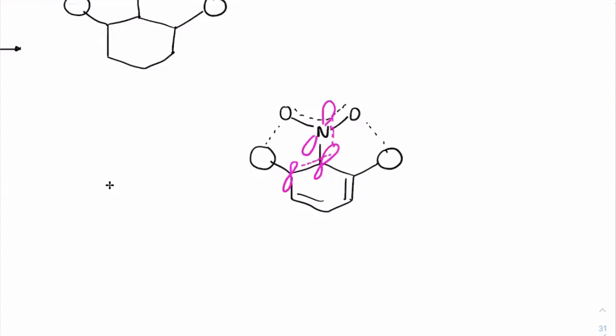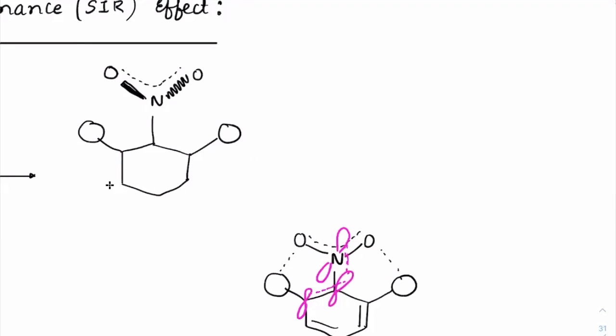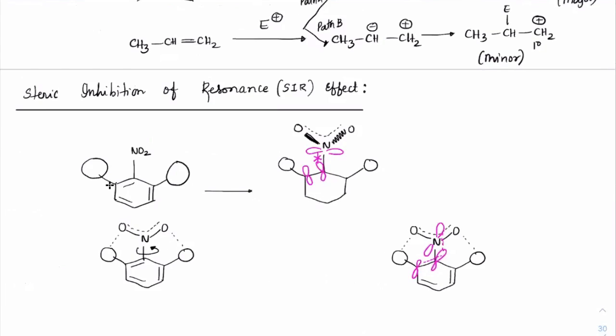Correct? Now the minute you rotate this bond, that pi bond will become almost perpendicular. This is this way and this orbital is this way. So these two have become almost perpendicular, and the resonance between them will stop. There won't be any resonance between the benzene and the group present outside, because both orbitals will be opposite to each other now.